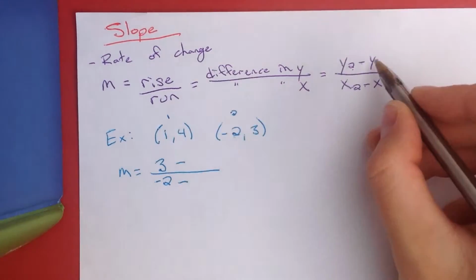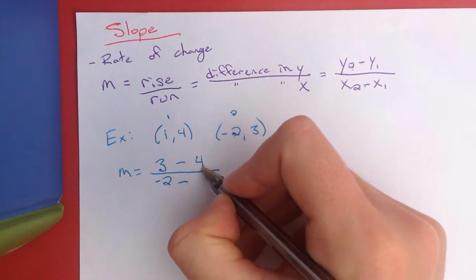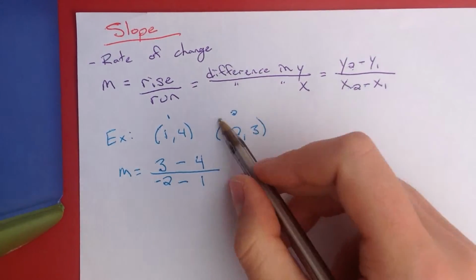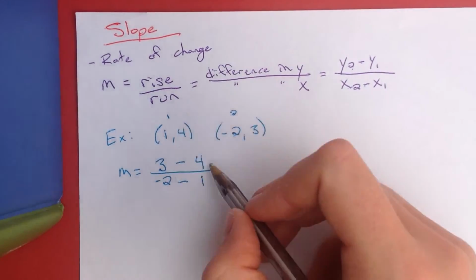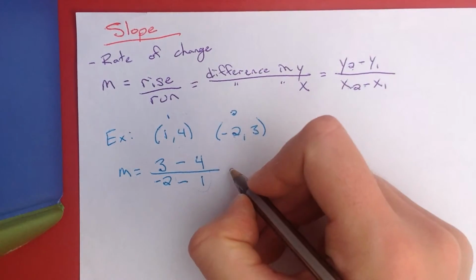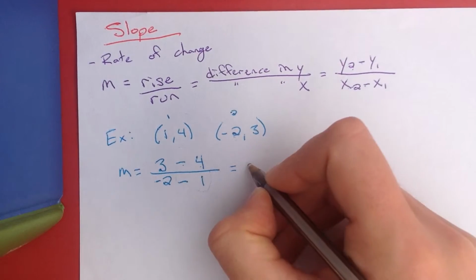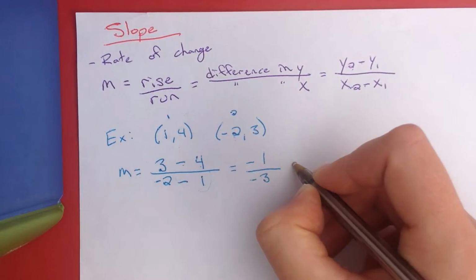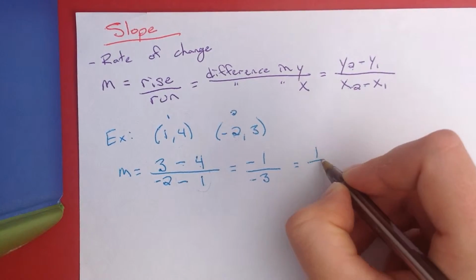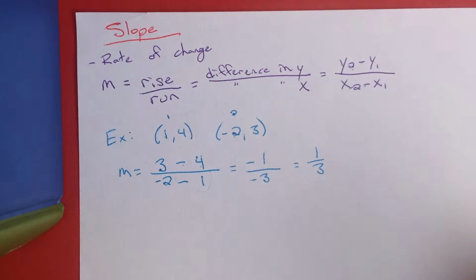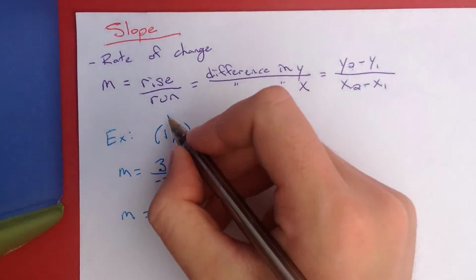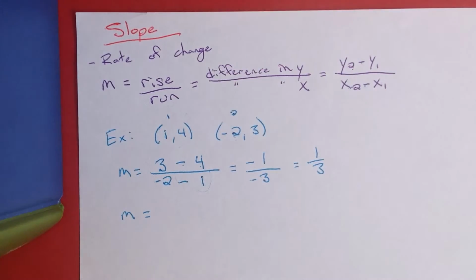Point 1, well, my y1 is 4 and my x1 is 1. 3 minus 4 gives me a -1 and -2 minus 1 gives me a -3, for a slope of positive 1/3.